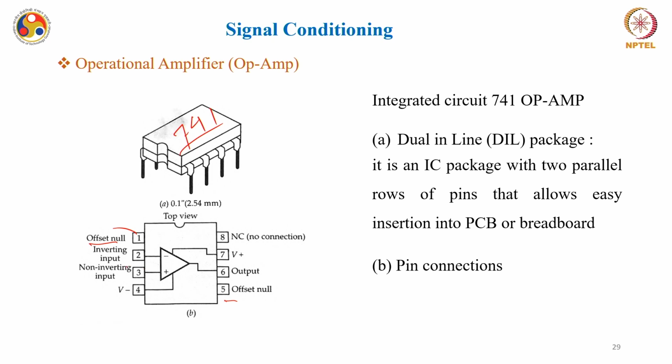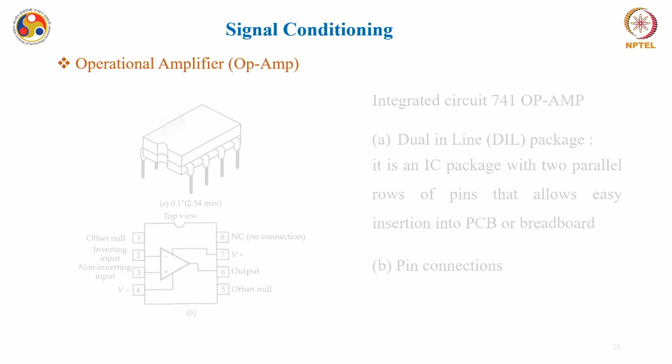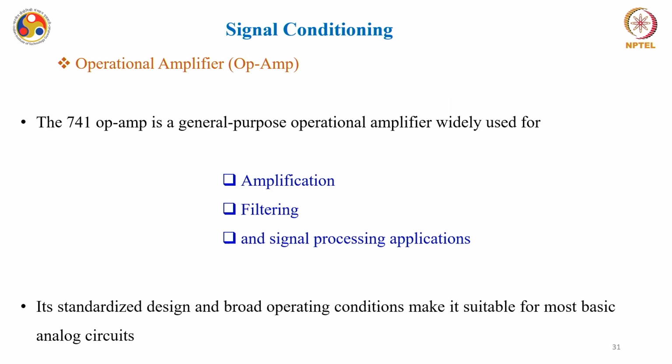Then you have inverting input at pin 2 and non-inverting at pin 3, and then minus VCC is pin 4, while plus VCC is pin 7, while pin 8 has no connection and the output is taken from pin 6. So this is the basic IC configuration of an op-amp, or 741 op-amp.